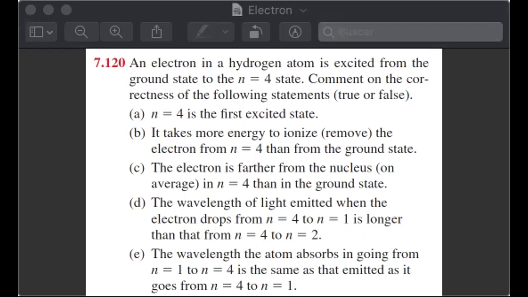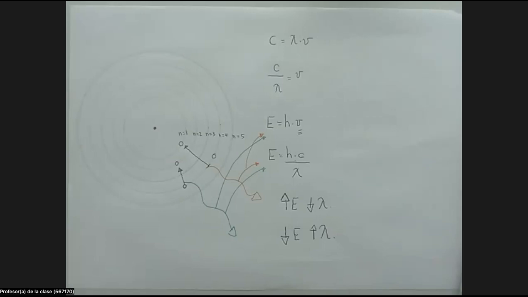We're talking about energy conservation, right? So the energy to go from level 1 to level 4 is the same energy as from level 4 to level 1.